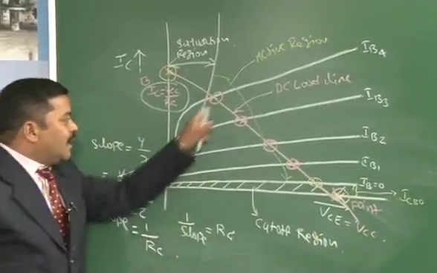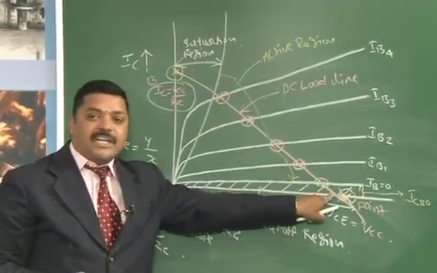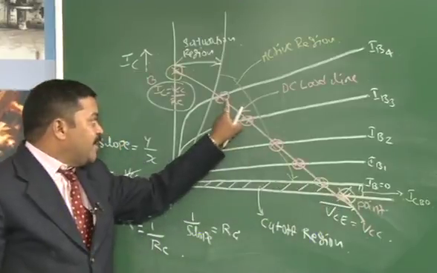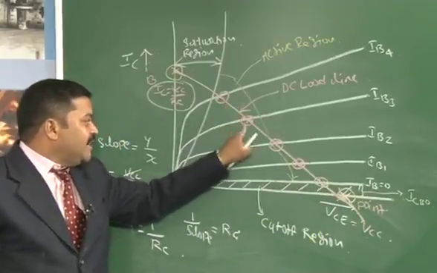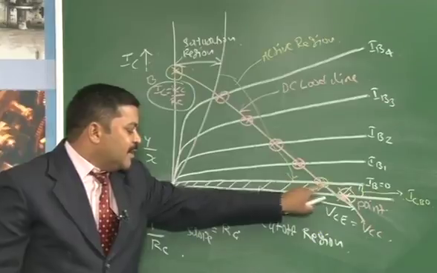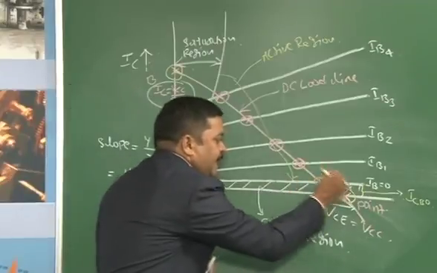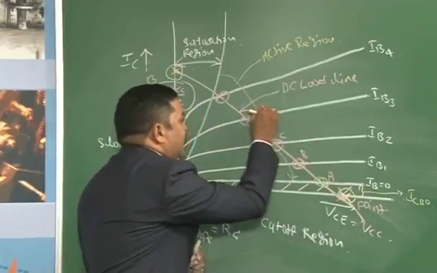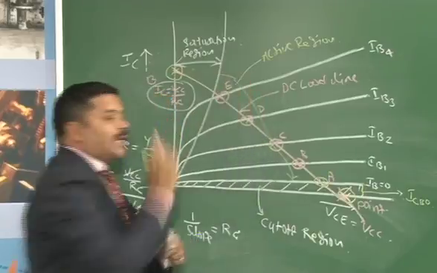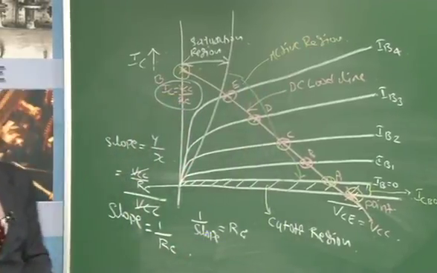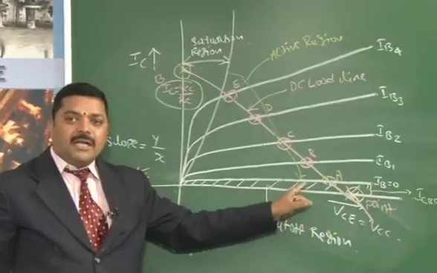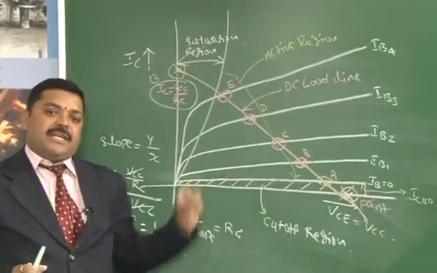So, all these are operating points of the BJT. Let me mark these as A, B, C, D and then E. Now, A, B, C, D, E are the operating points of the BJT.